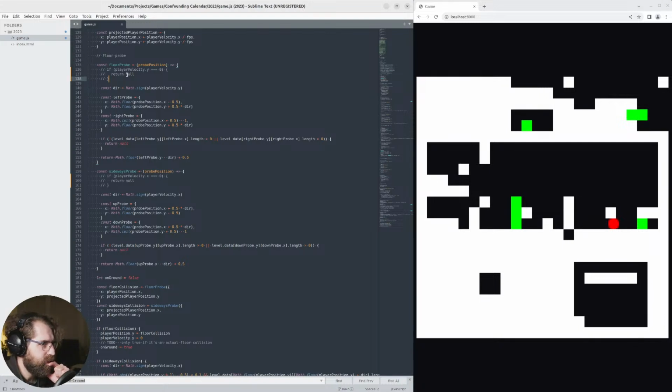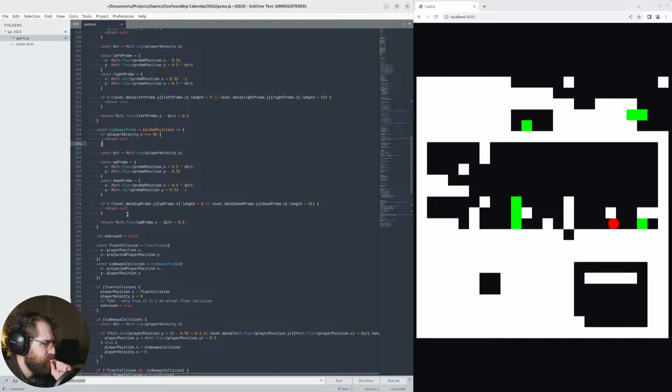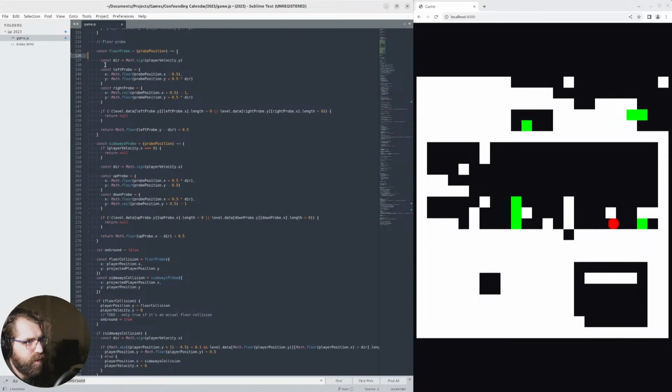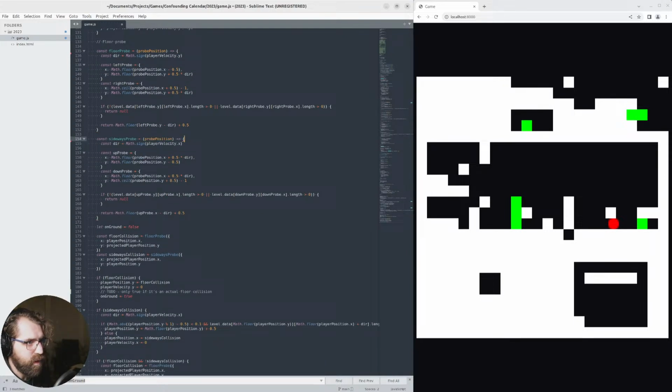So there's a couple of ways I could approach this. I could just probe in the direction that I'm moving, which can only ever be 2 directions. That doesn't feel ideal. I think I should probe in all directions, and use that to determine. Yeah, let's not do this in here. Okay, we're going to remove those. Let's probe in all directions.